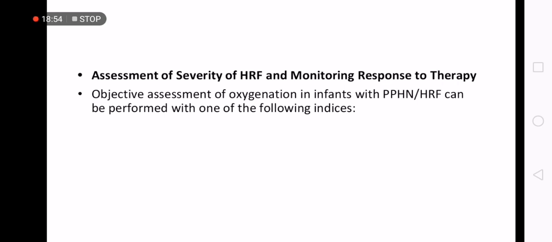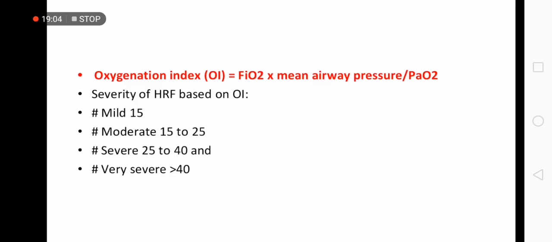How do we assess the severity of hypoxic respiratory failure in pediatrics, or the PPHN? We can assess this by the oxygenation index, which is the most common.